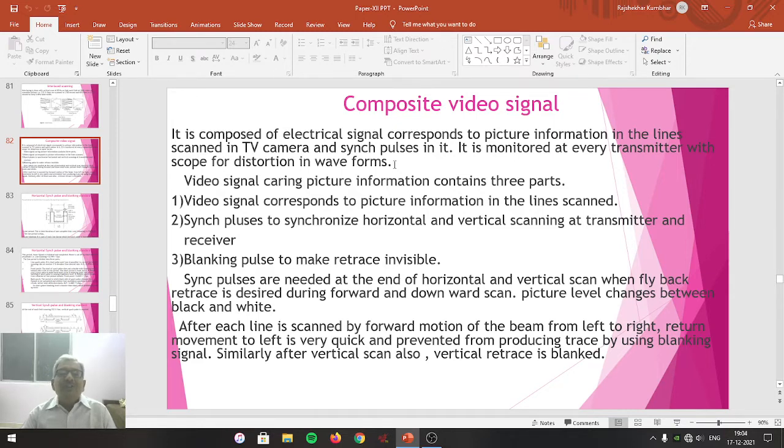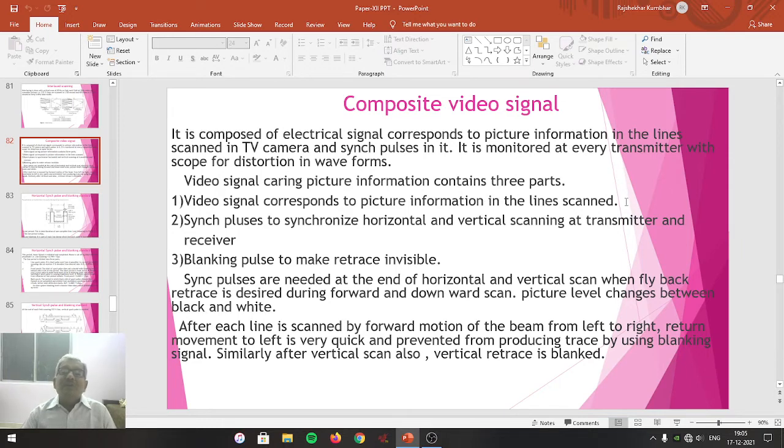In short, the combined electrical signal proportional to the picture information and the sync pulses is known as composite video signal. The video signal carrying the picture information contains three parts. One, video signal corresponding to picture information in the lines scanned.